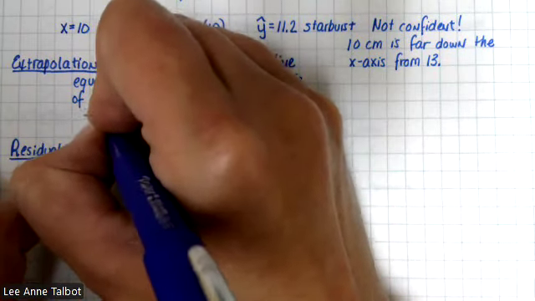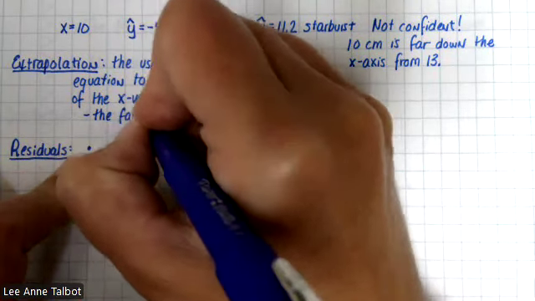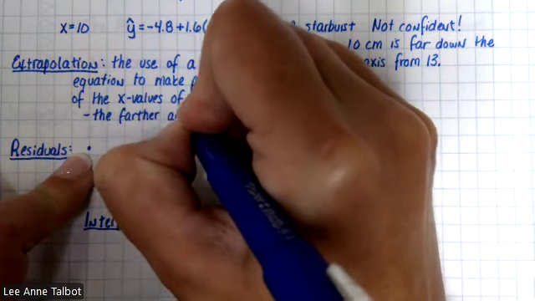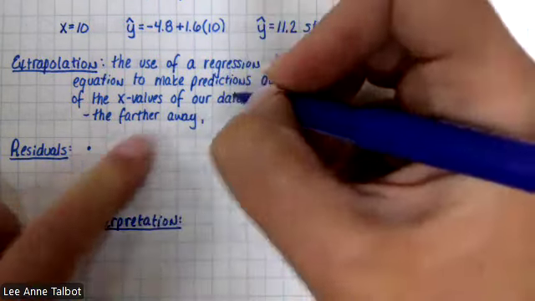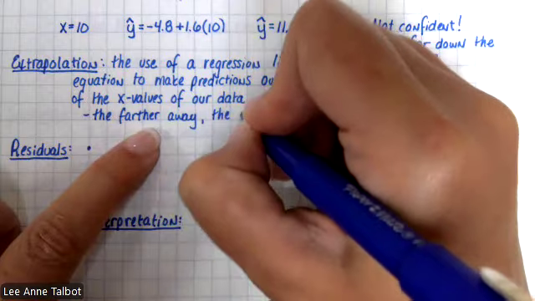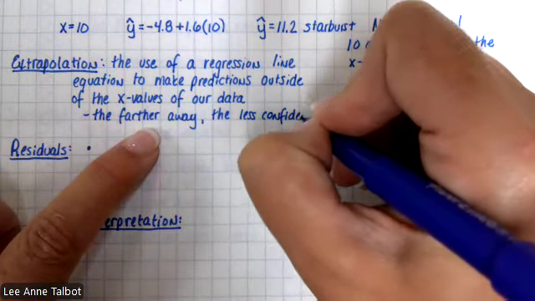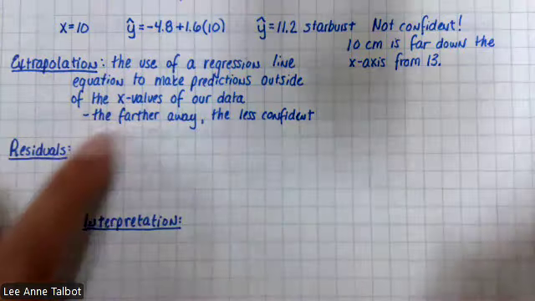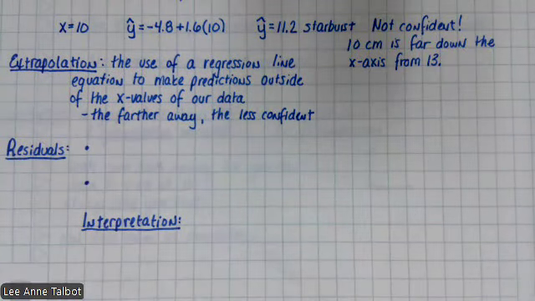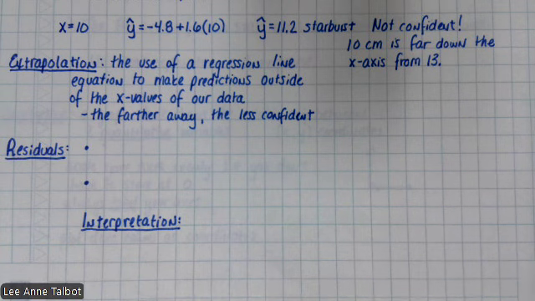But what makes sense is the farther away, the less confident. So the farther away you get from your actual real data, the less confident you're going to be in your answer. Can you still make a prediction? Yeah.